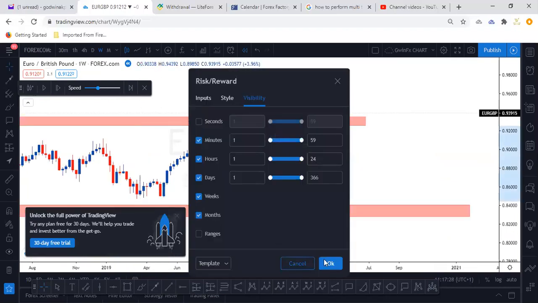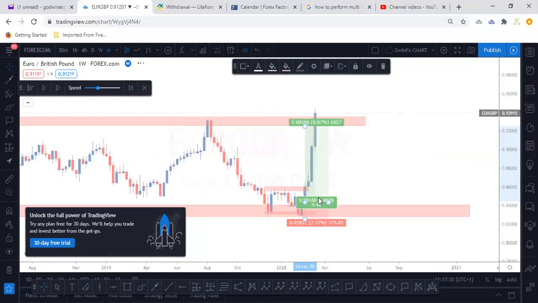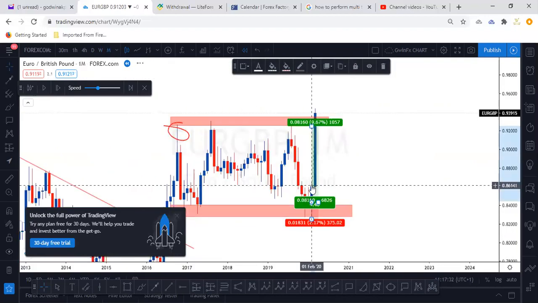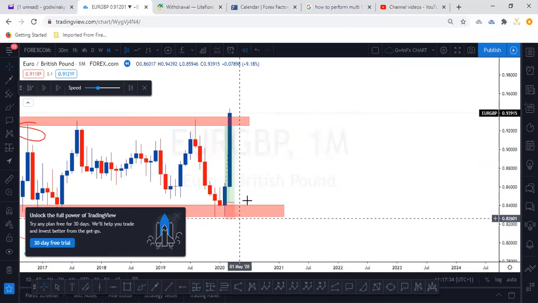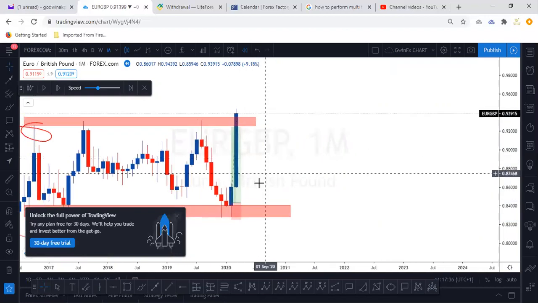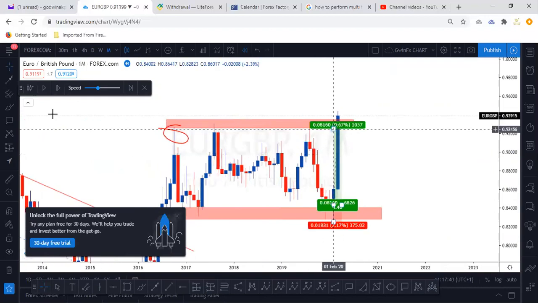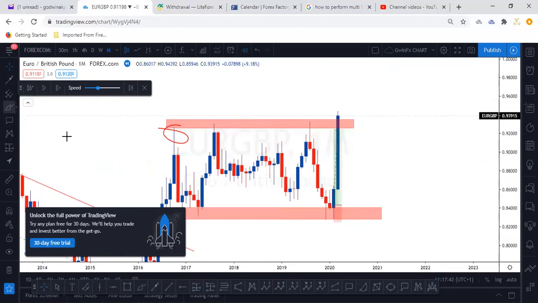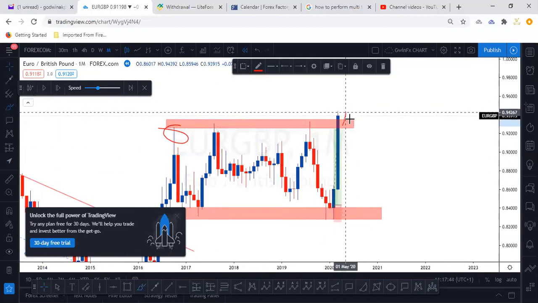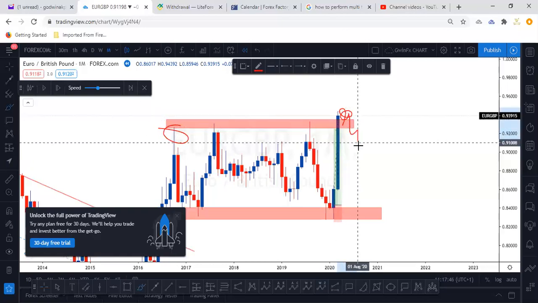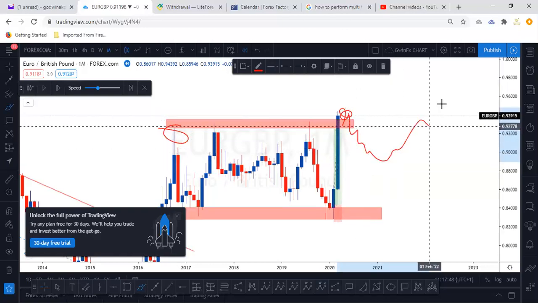We knew that what we want to be doing next is we want to see price correct of some sort. Okay, so here it moved up. If you want to see price either close above here or start to correct of some sort before the next impulse.